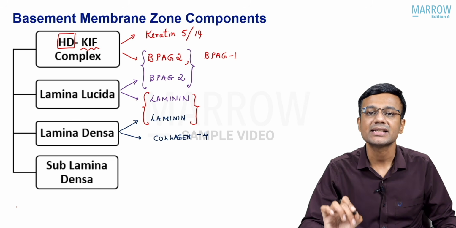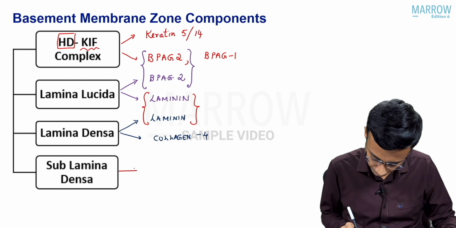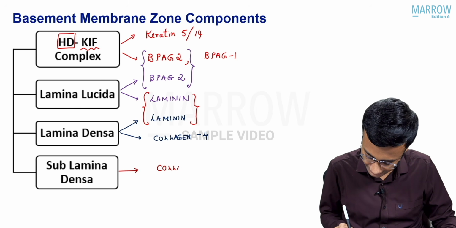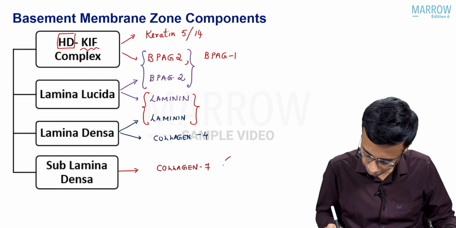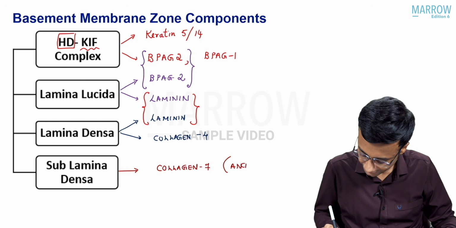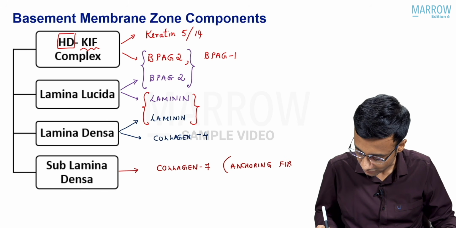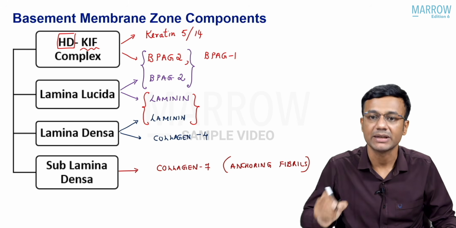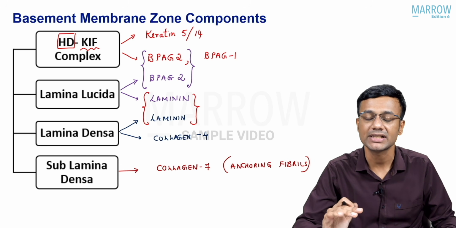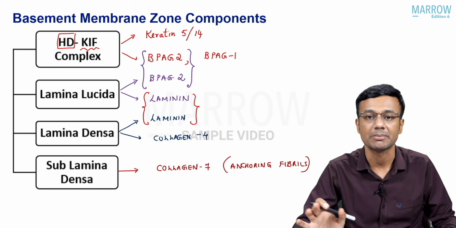And finally, in the sublamina densa, we are going to have collagen 7, which is also referred to as anchoring fibrils. So these were the important components of the 4 zones of the basement membrane zone.